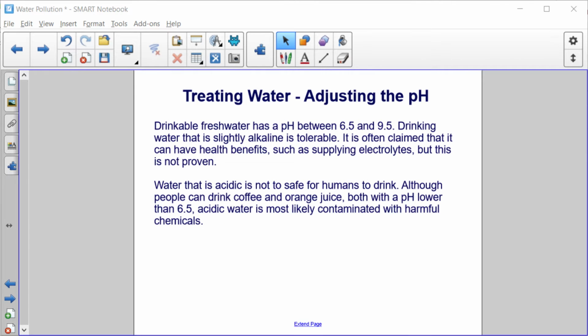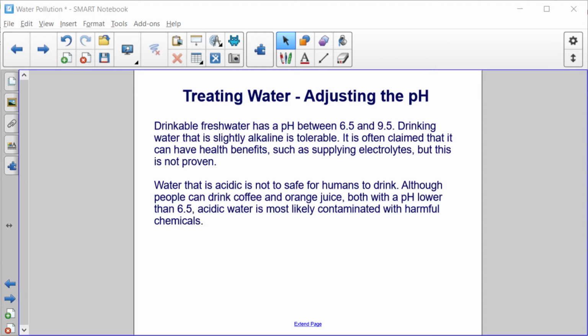Treating water, adjusting the pH. Drinkable fresh water has a pH between 6.5 and 9.5. Drinking water that is slightly alkaline is tolerable. It is often claimed that it can have health benefits, such as supplying electrolytes, but this is not proven. Water that is acidic is not safe for humans to drink.